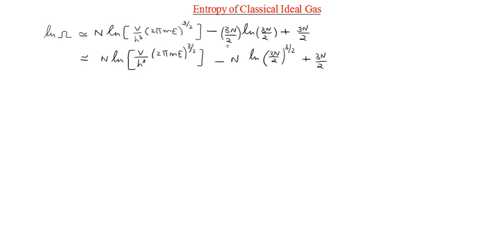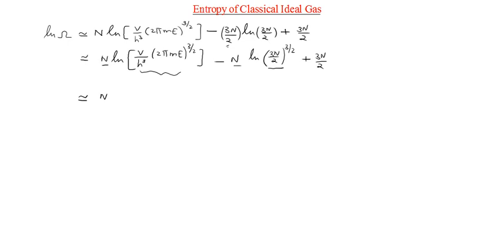Now the advantage is that I can combine. The first term is n log of a, and the second term is minus n log of b. So n is common, and I can take n as common out of the first and second terms. That is of the form log a minus log b, which is log a by b.